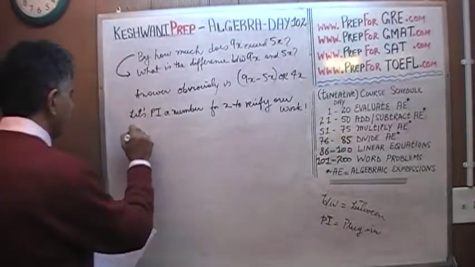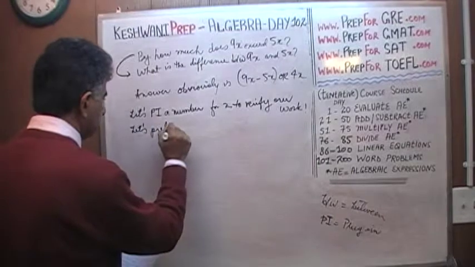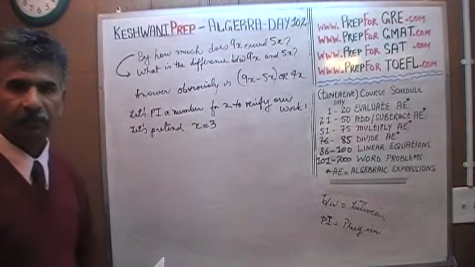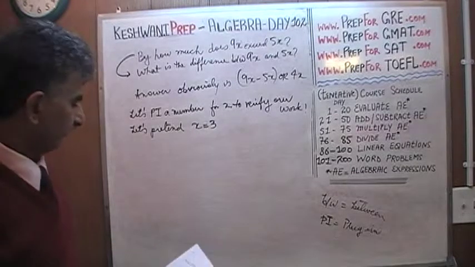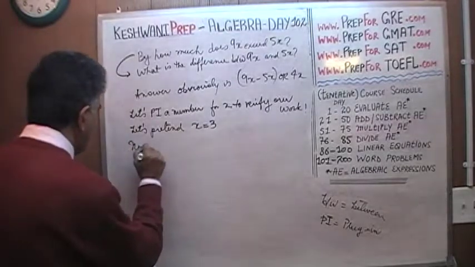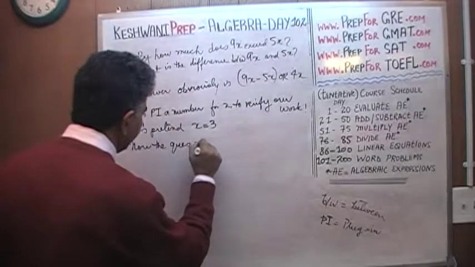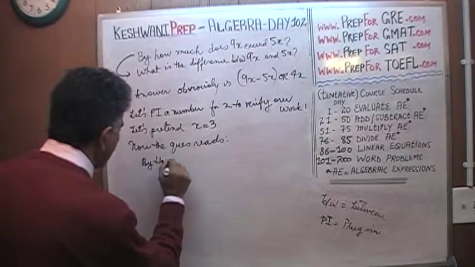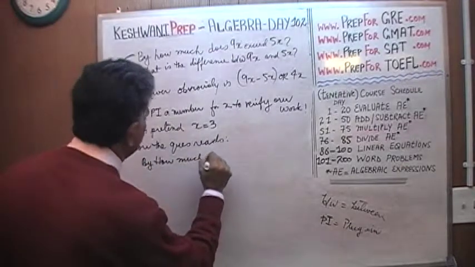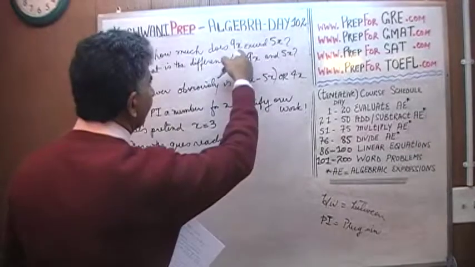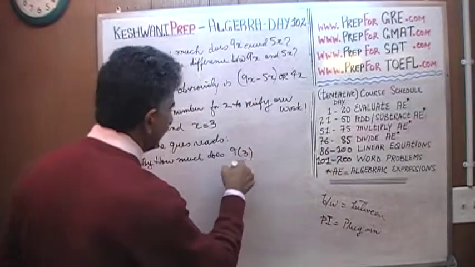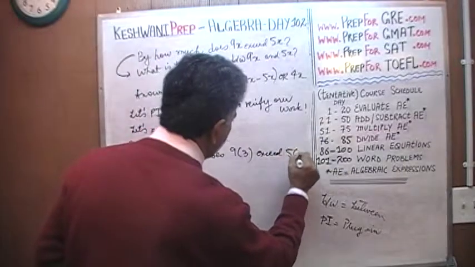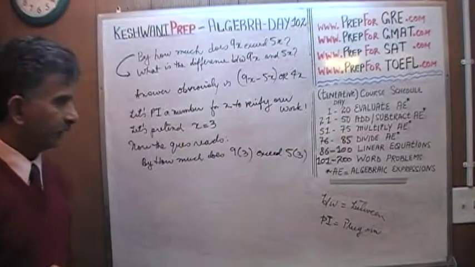Let's pretend x equals 3. In other words, we are plugging in 3 for x. So now the question reads, by how much does 9x, 9 times 3, exceed 5x, 5 times 3?